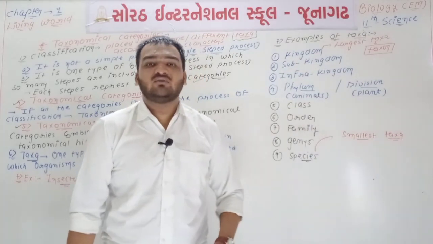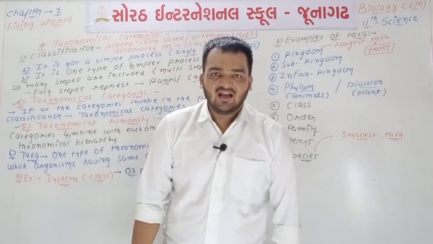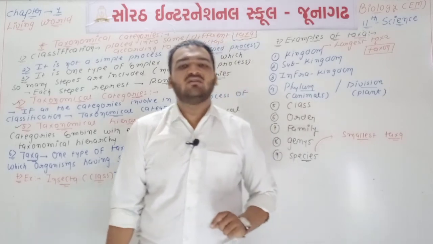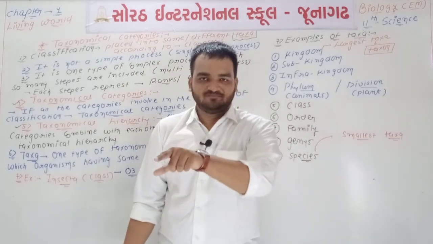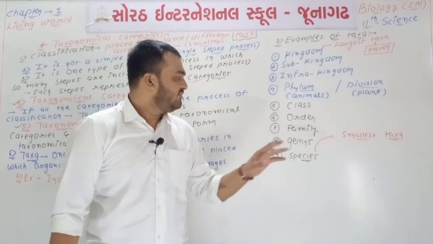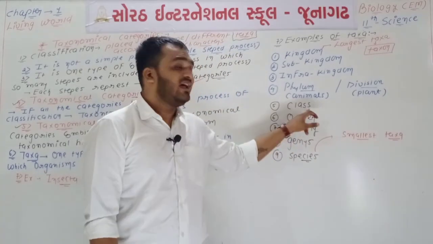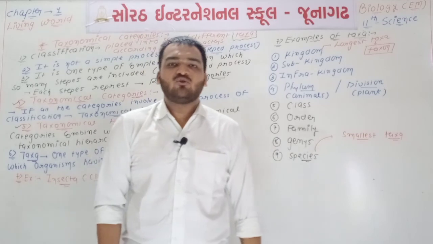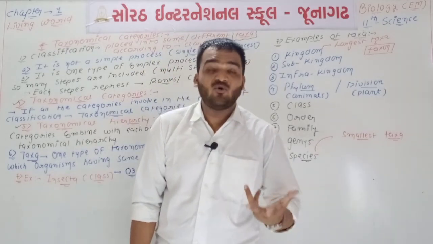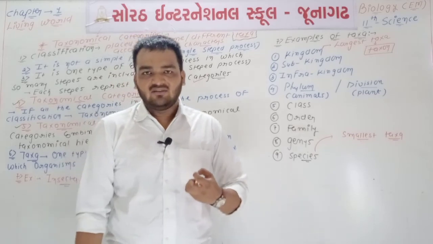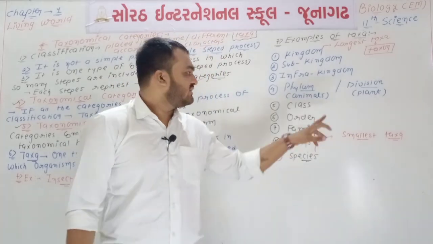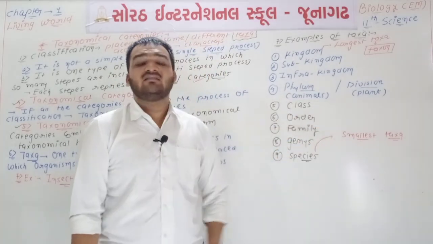Amphibian animals are able to live inside water or on land, so these animals belong to class Amphibia. Mammals, the animals living on land, are included in the class Mammalia.